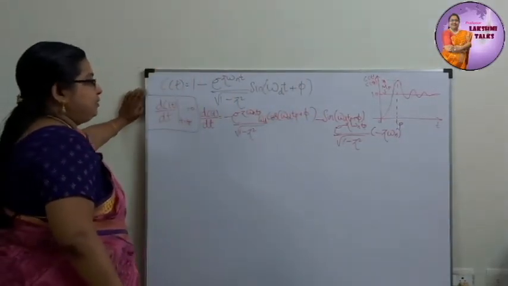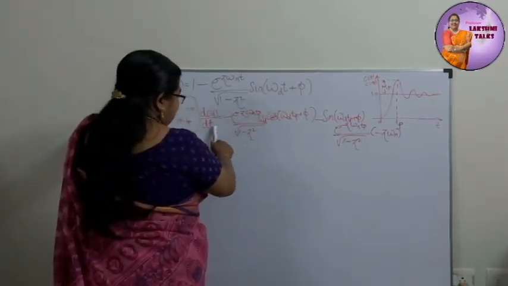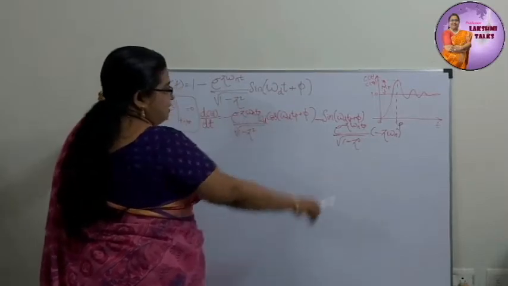Okay, I have differentiated it with respect to t once and also replaced the t by tp.